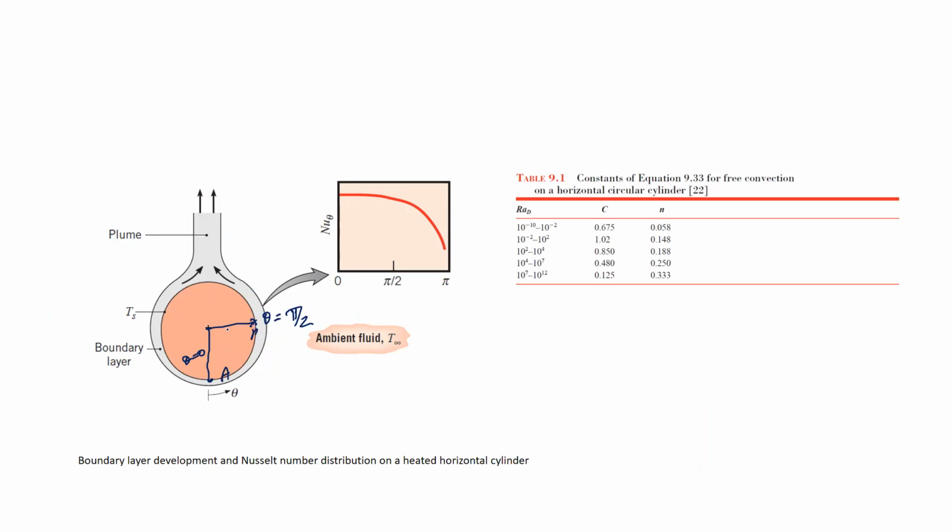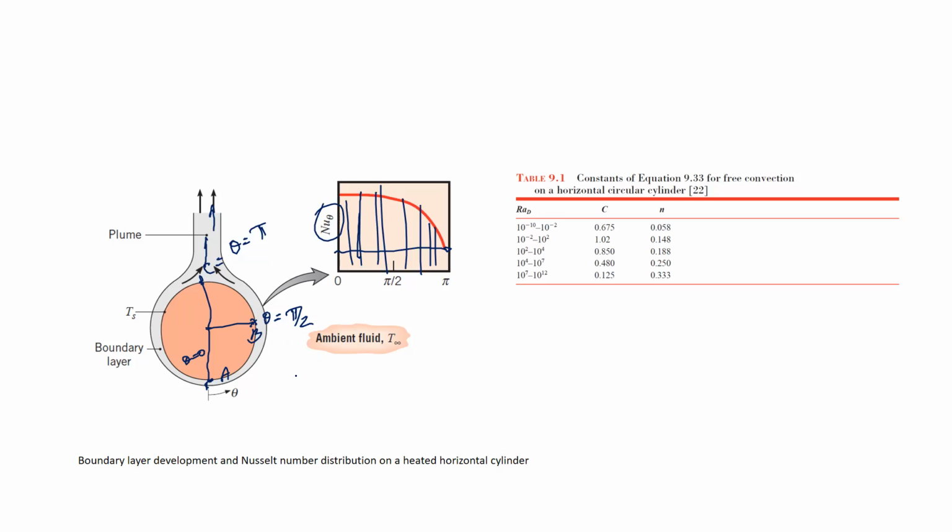A, B, C. This is theta equal to pi. So theta is minimum at this location. After which there can be a flow separation or there's a reduction in heat transfer. So at theta equal to 0, the heat transfer or the Nusselt number is maximum. So as you go down, that heat transfer is minimized.